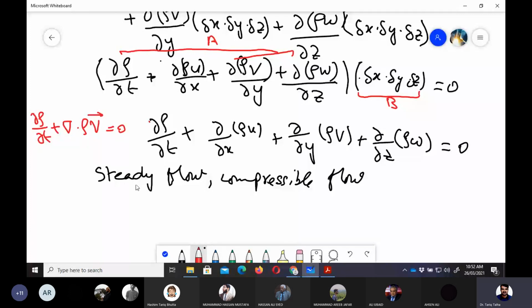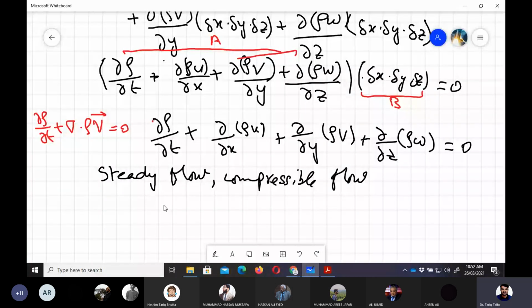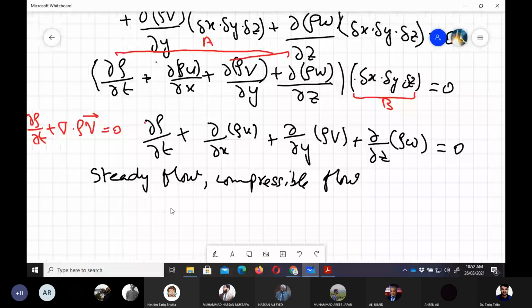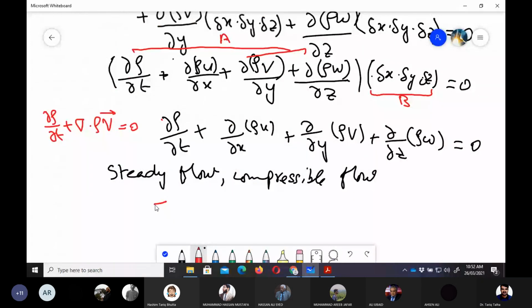So if the flow is steady and compressible, then partial rho upon partial t would be equal to 0, and we can write, maybe I need to use the black pen, in that case we would have del dot rho V equal to 0, right? So that is the case when the flow is steady and compressible.